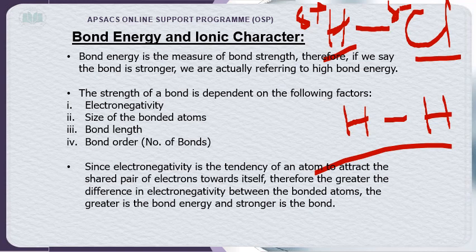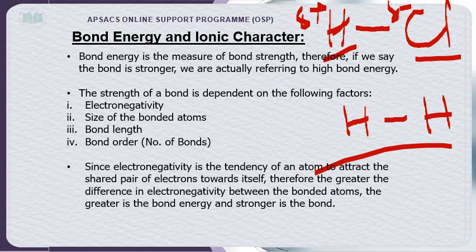Polarity means distribution of charge has been separated. One of them is a partially negative region, rich in electrons, and the other is deficient in electrons. That means you have to give it a partial positive charge, right?